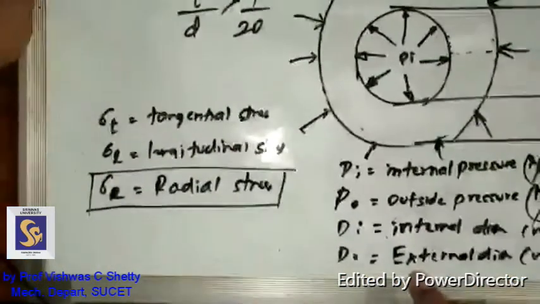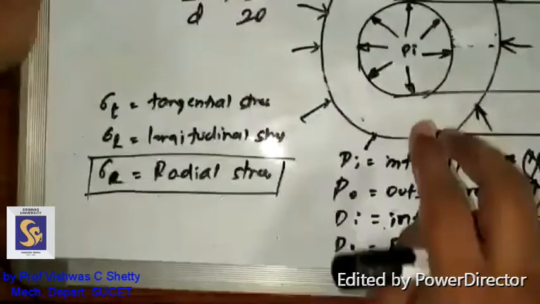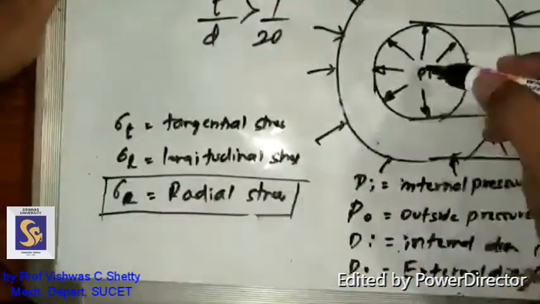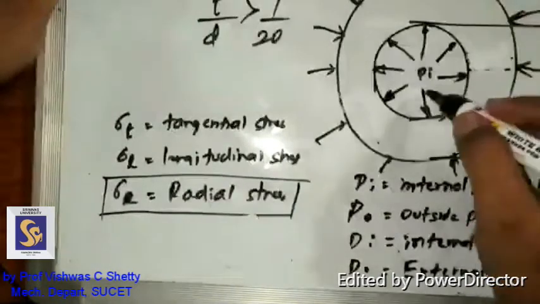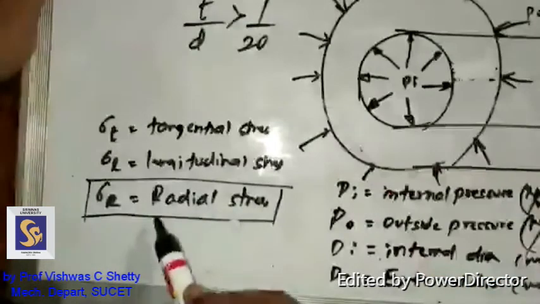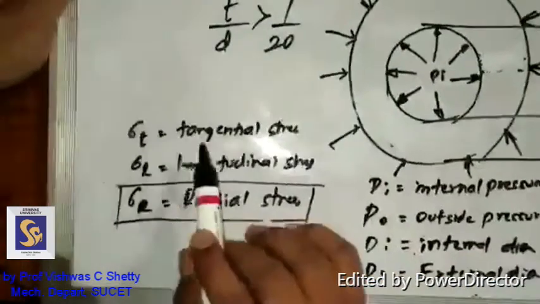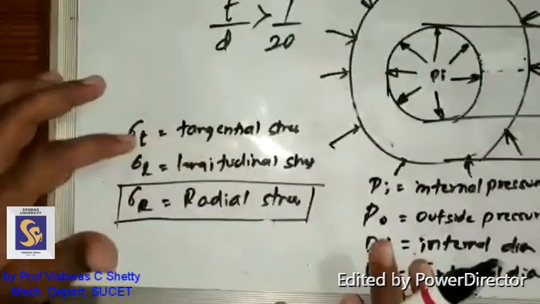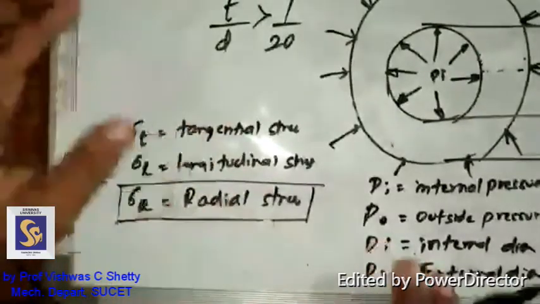Radial stresses are stresses generated in the radial direction. We ignore this in the thin cylinder, whereas here we consider all three stresses: tangential stress, longitudinal stress, and radial stress.